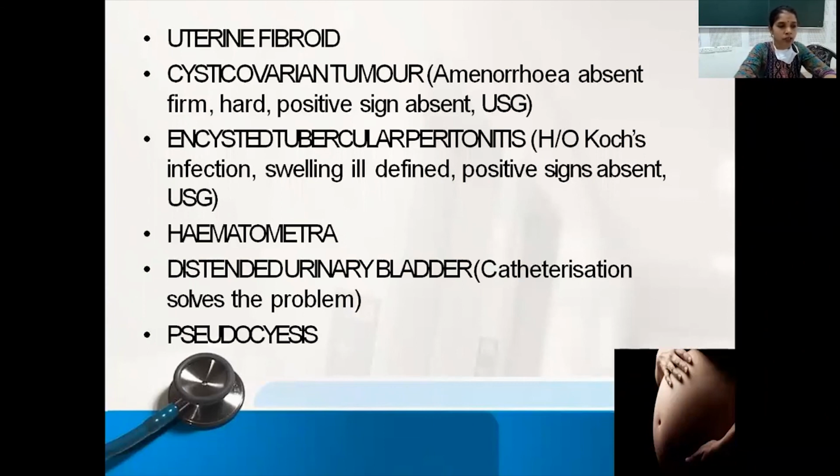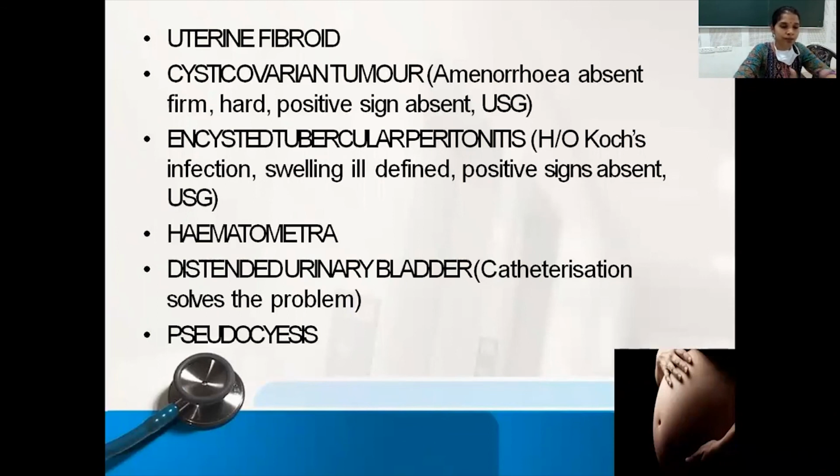After catheterization, the distension will decrease. And moreover, for every patient in the reproductive age group who is in amenorrhea and has missed the period, we regularly do the pregnancy test. In that way, we can rule out the distended bladder.